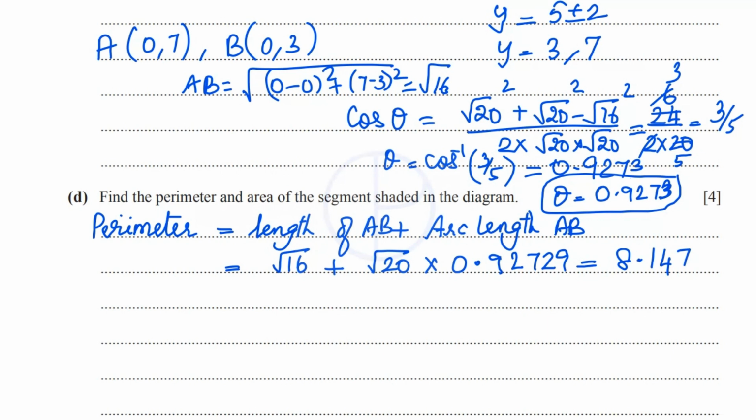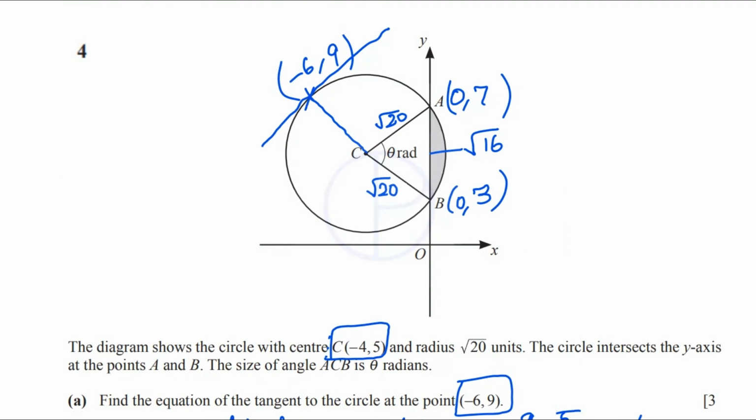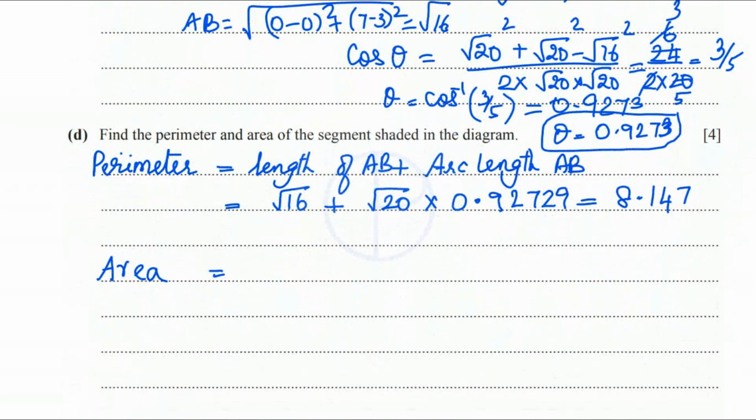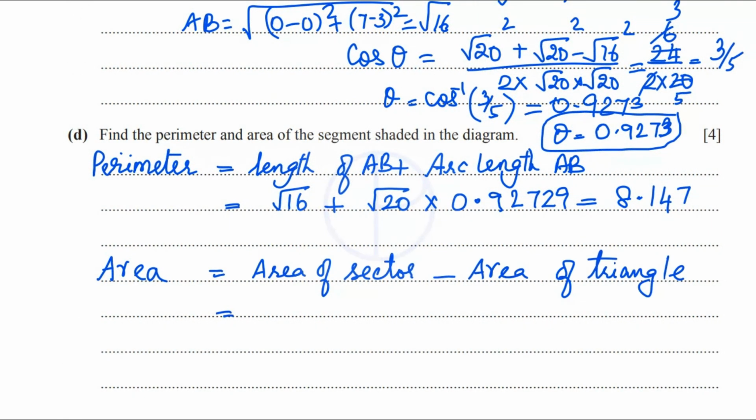Okay. What is the area? Area of the shaded region can be found by subtracting the area of the triangle from the area of the sector. So sector area minus triangle area. So what is the formula to find the area of the sector?